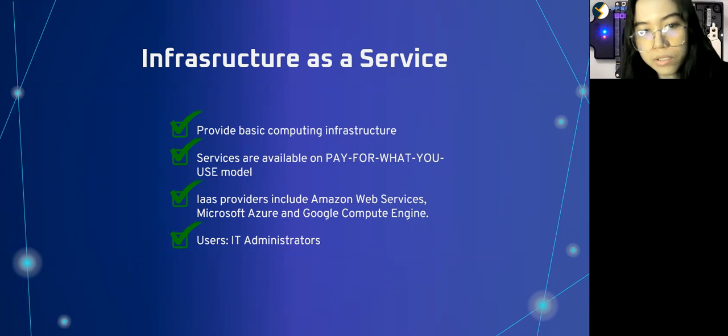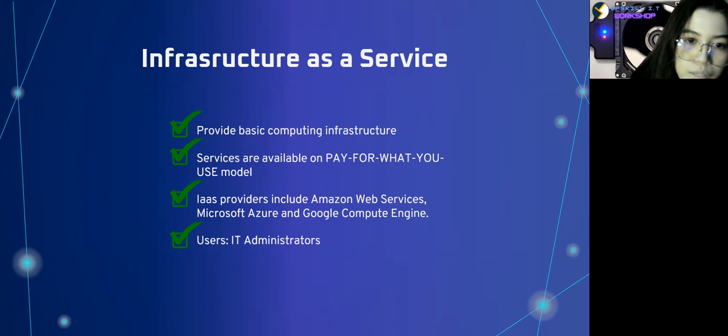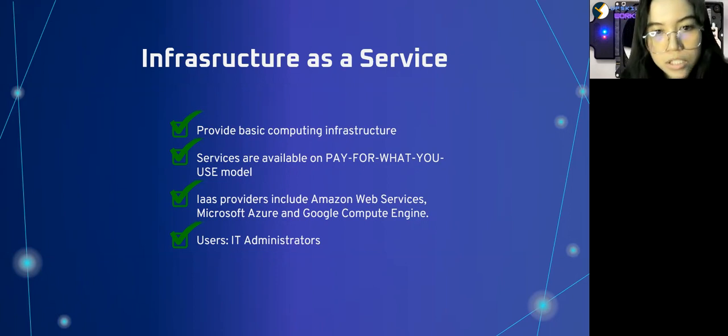These are the kinds of services that different companies, businesses, and organizations avail from the cloud provider. So what is inside infrastructure as a service? They provide basic computing infrastructure. Services are available on a pay-for-what-you-use model.